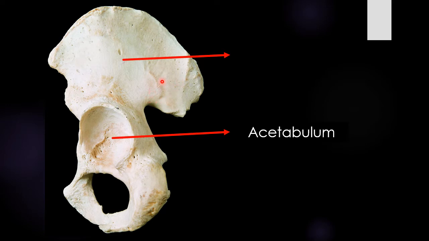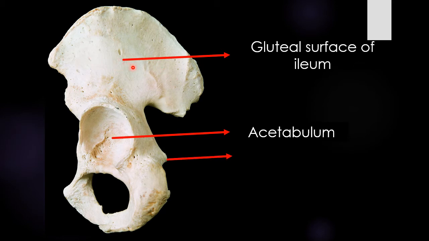Below the inferior gluteal line we can identify the origin of gluteus maximus; between the posterior gluteal line and the inferior gluteal line, gluteus medius; and between the anterior and posterior gluteal lines, gluteus minimus. These are the muscles attached to the gluteal surface of the ilium.